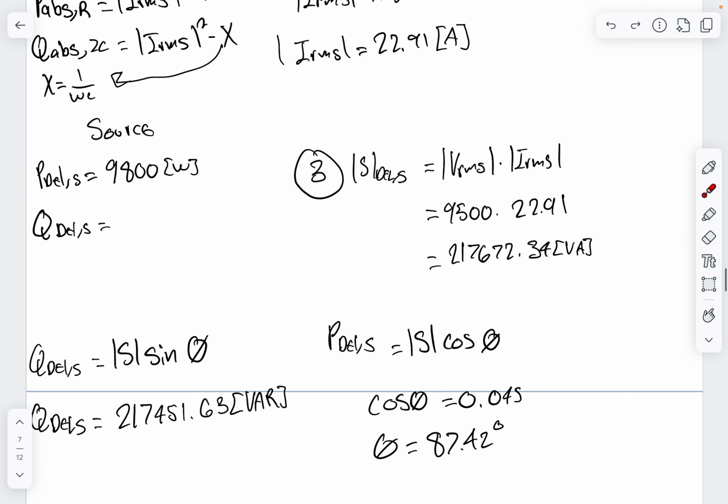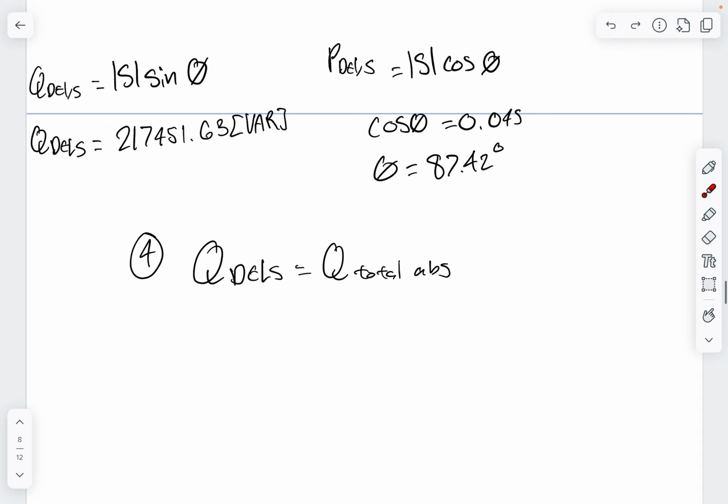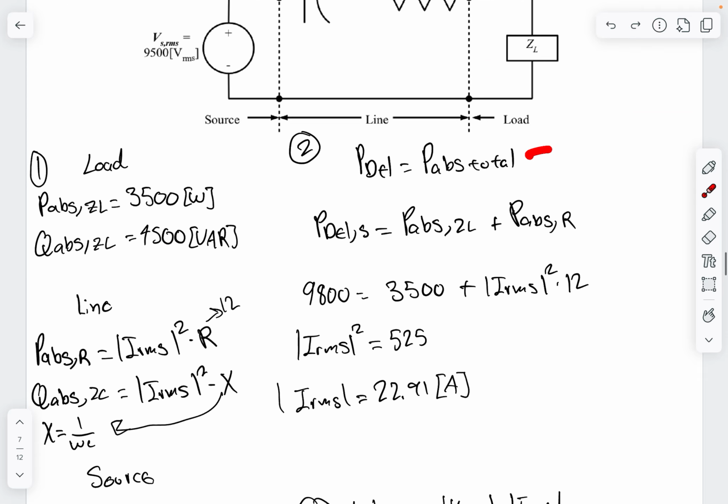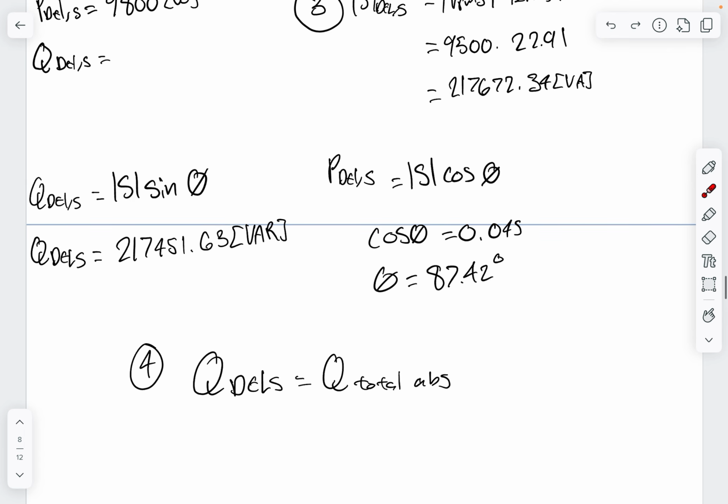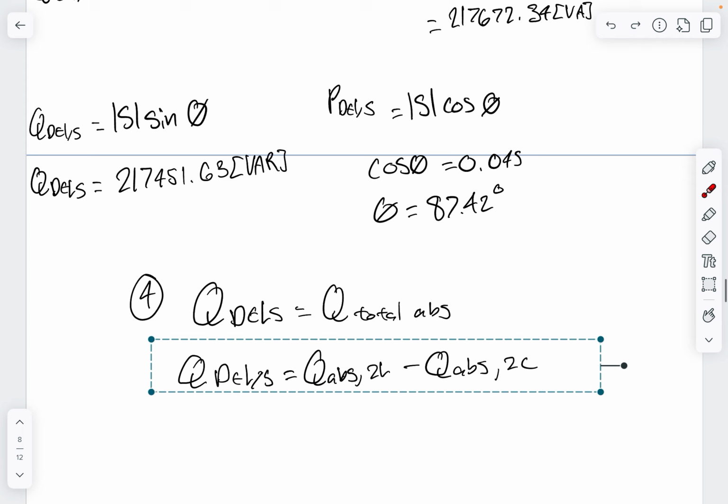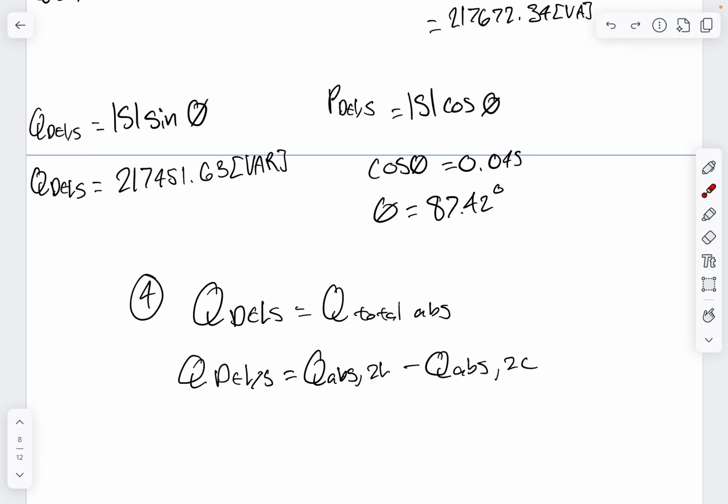All right, now we're able to move on to the next step, which will be to find the reactive power absorbed by the capacitor. So we use the already known equation that power delivered is equal to total power absorbed, and we get that the reactive power delivered is equal to the power absorbed by the load impedance minus, because it is a capacitor, the power absorbed by the capacitor.